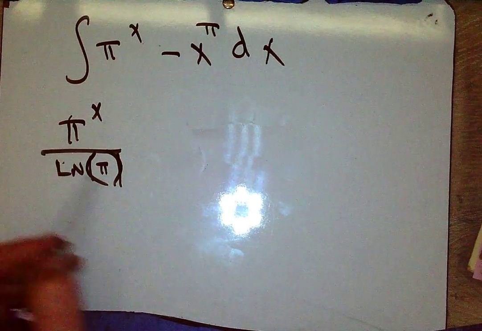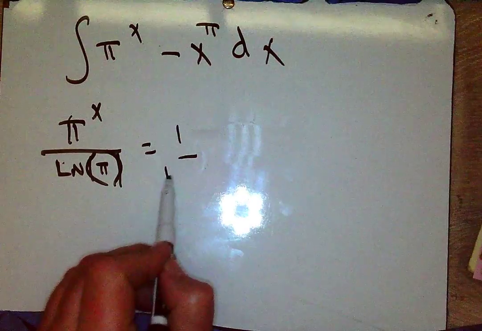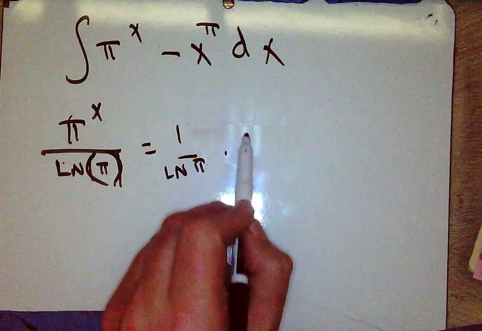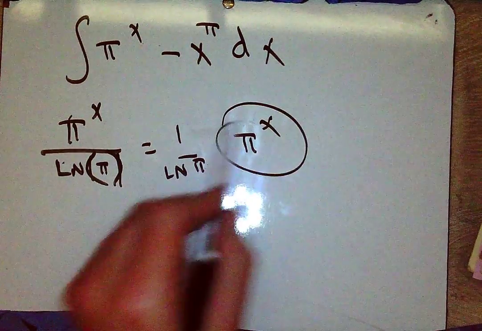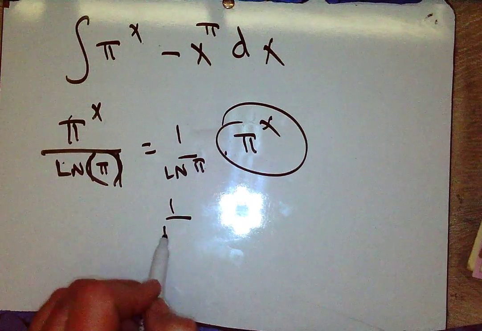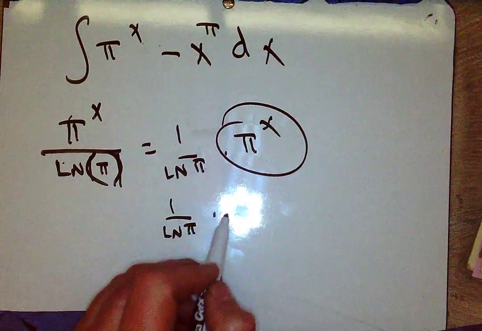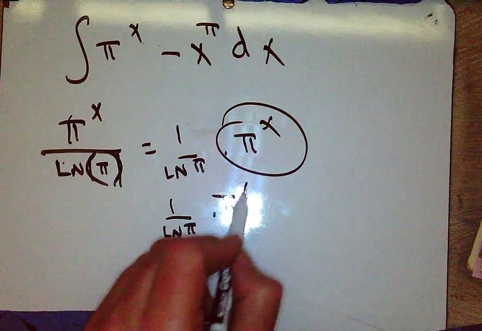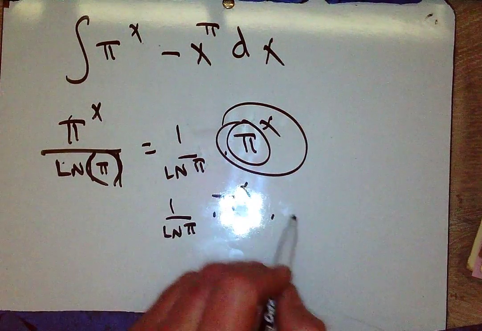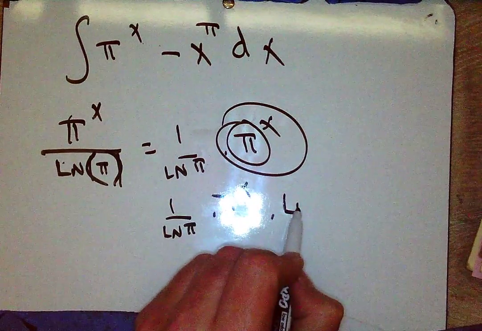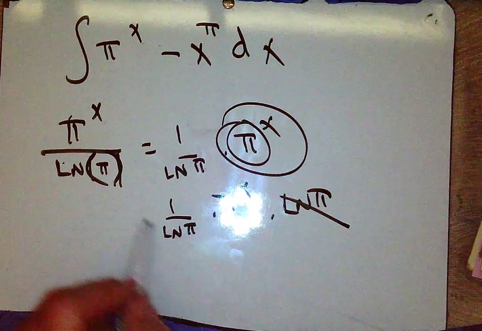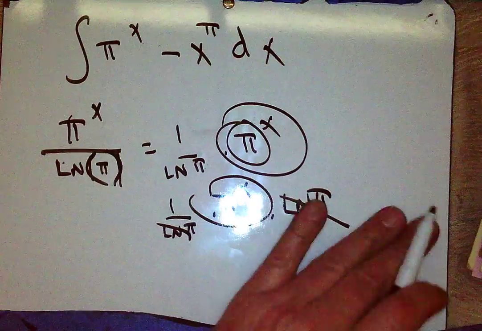Well, think about this as 1 over ln of pi times pi to the x, and now I want to take the derivative of that. Well, the derivative of e to the x is e to the x, so pi to the x is going to be pi to the x, but don't forget to do the ln of pi. This cancels that, and there it is.